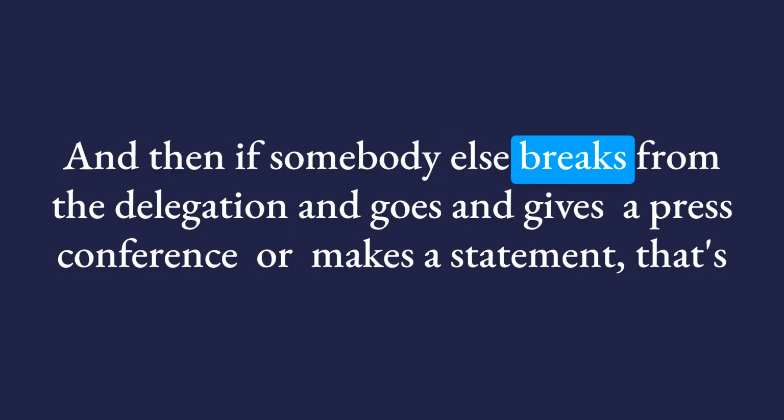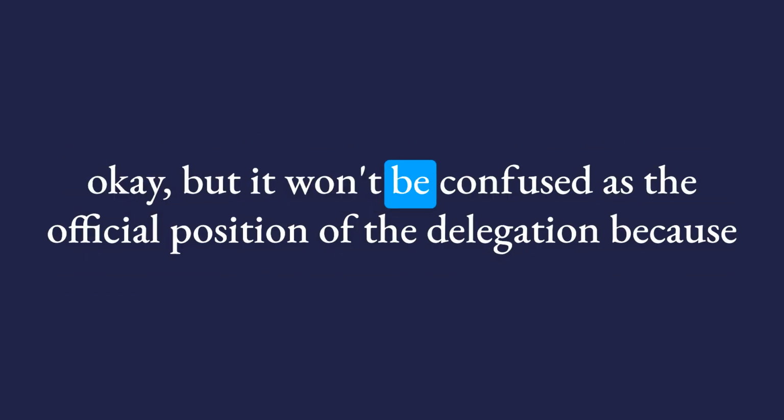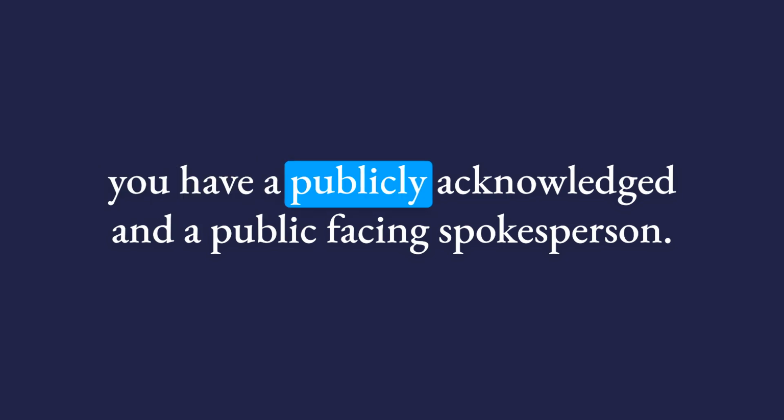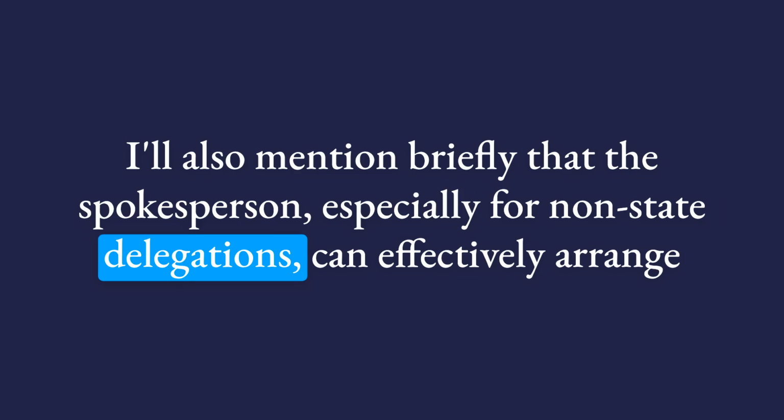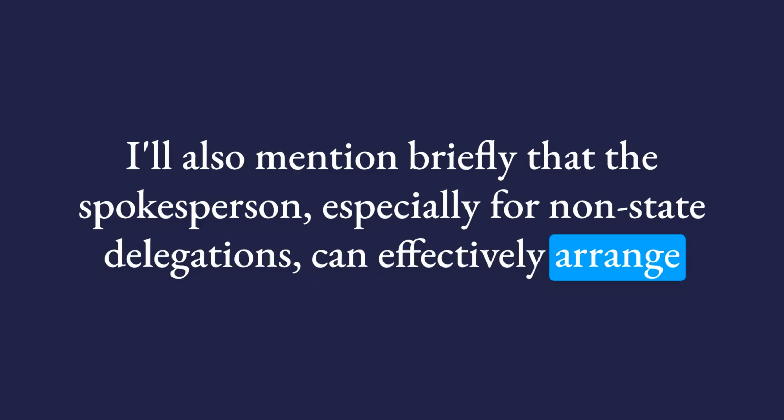And then if somebody else breaks from the delegation and goes and gives a press conference or makes a statement, that's okay. But it won't be confused as the official position of the delegation because you have a publicly acknowledged and a public-facing spokesperson.